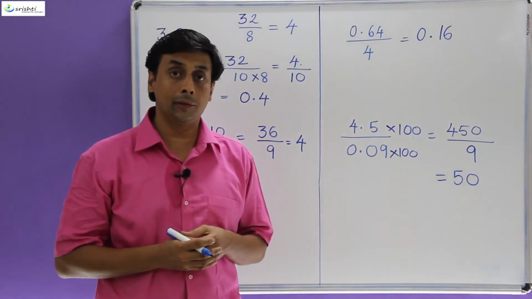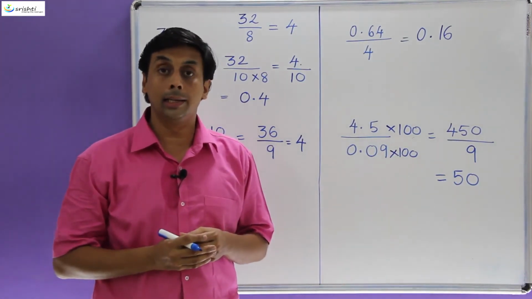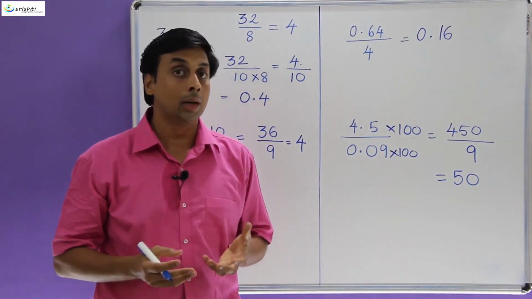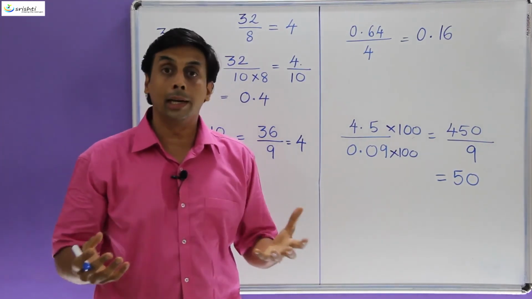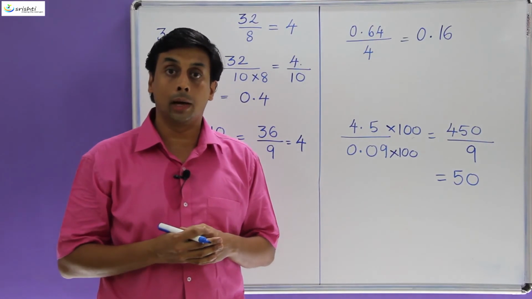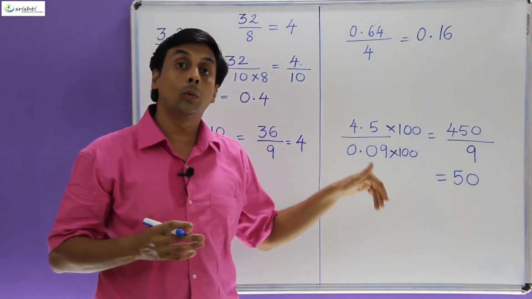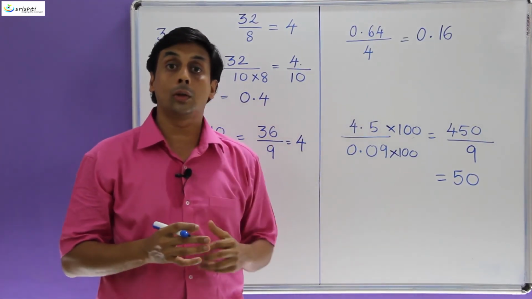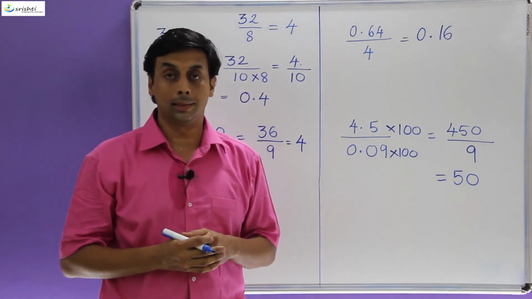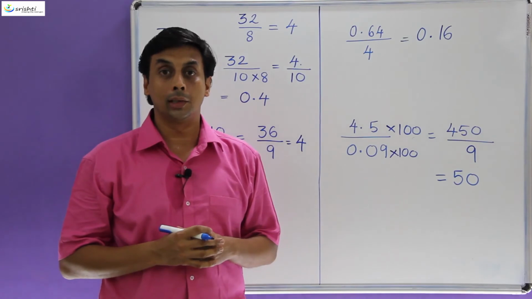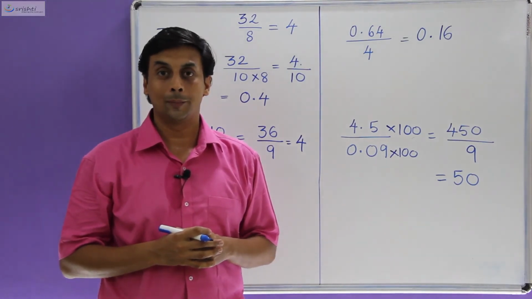So the idea in division is always try to eliminate the decimal points in the denominator. You might have to multiply by 10 or 100 or 1000 depending on the number of decimal places that you have in the denominator. You need to multiply the numerator also with a similar number of zeros, and then you can calculate your answer. I hope that decimal division is also very clear by now.